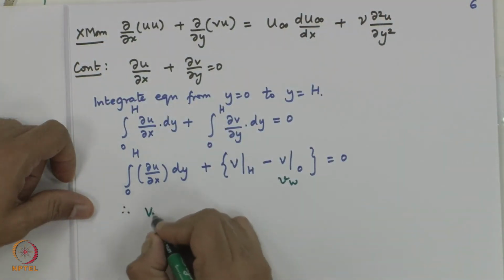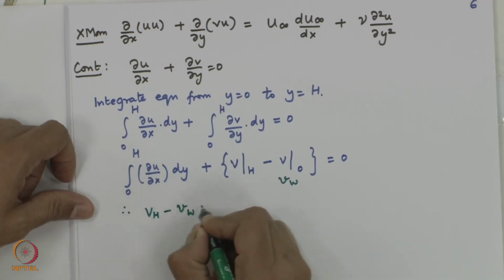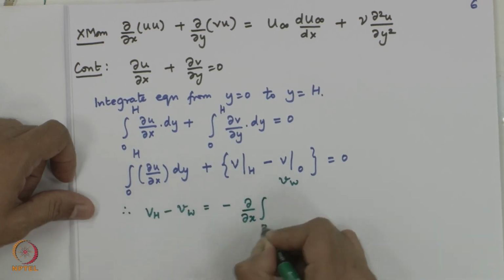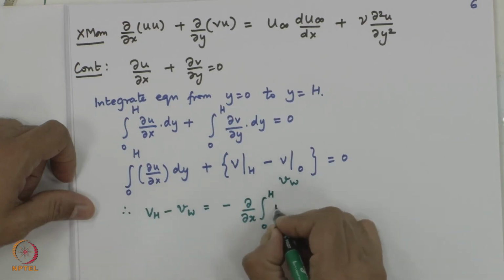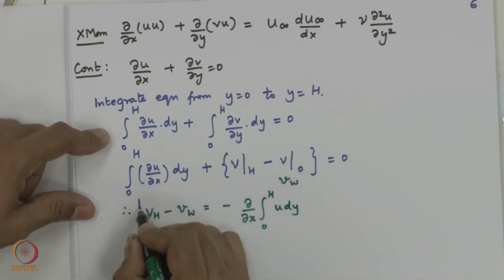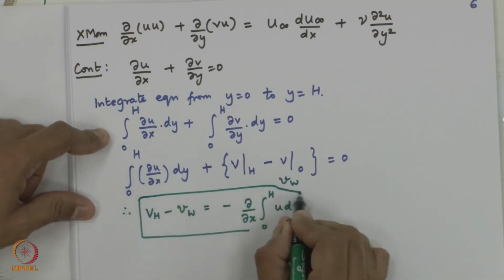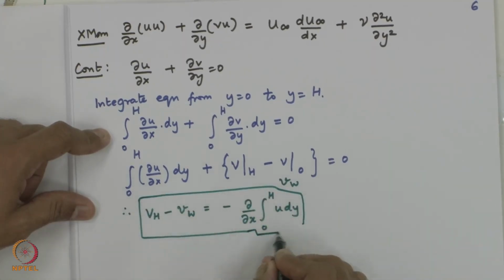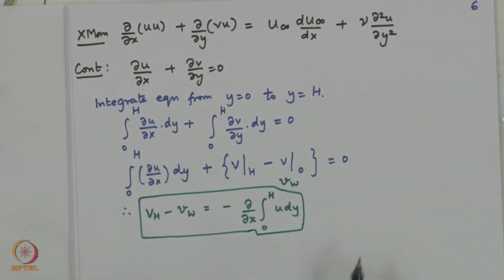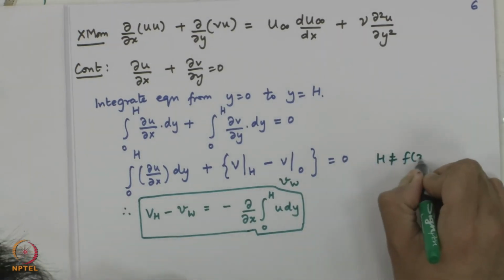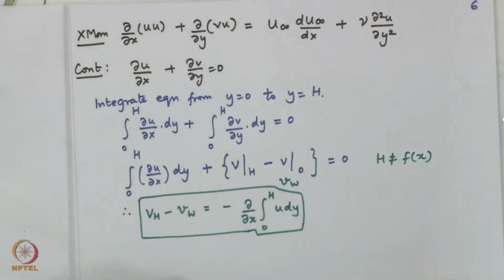Therefore, I can write VH minus VW is equal to minus d by dx of integral 0 to h u dy. I am taking the liberty of changing the order of integration and differentiation. h is not a function of x, it is just some layer which is way ahead, so it is not going to be affected by x at all.